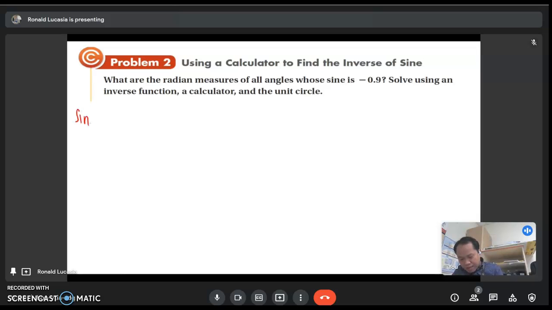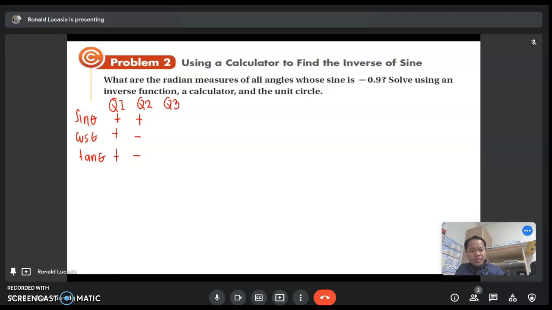Let's recall that sine theta in quadrant 1 is positive, cosine is also positive, and tangent is positive. In quadrant 2, sine is positive, cosine is negative, therefore tangent is negative.